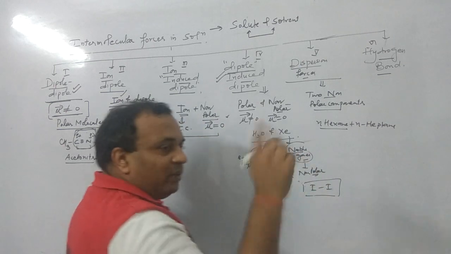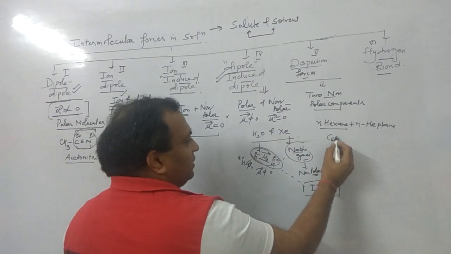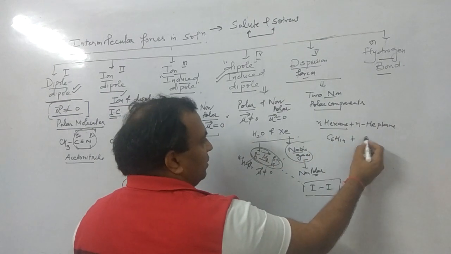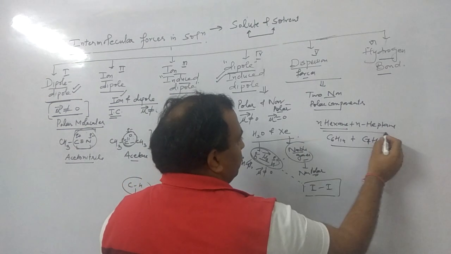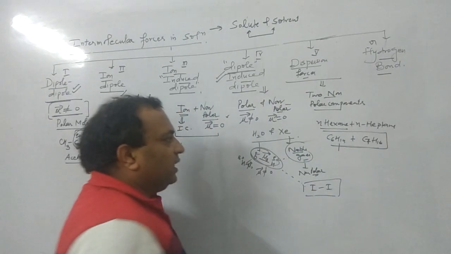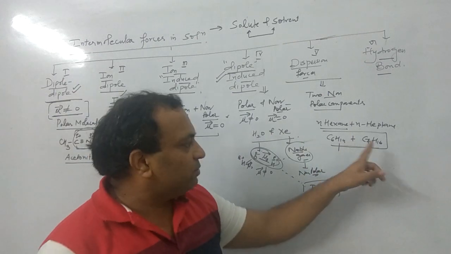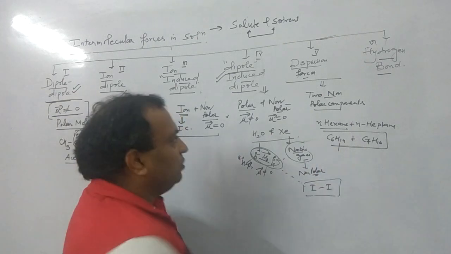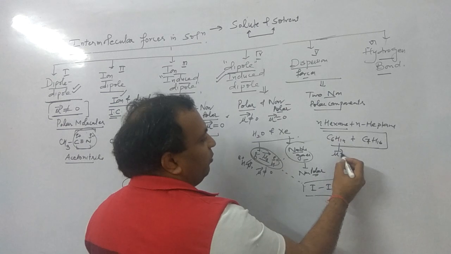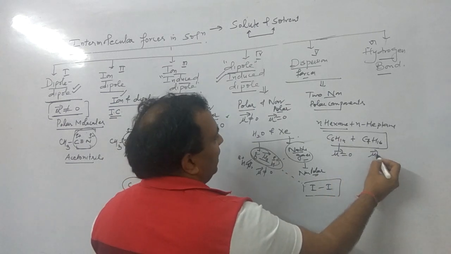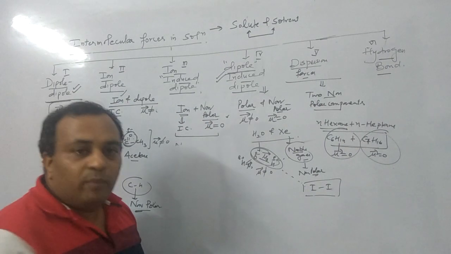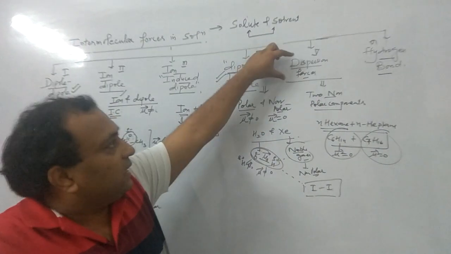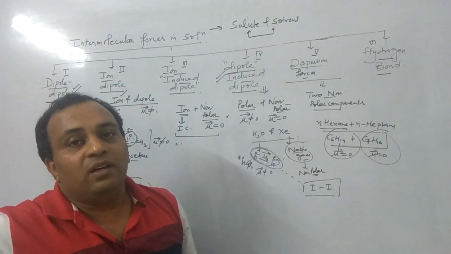Hexane का जनरल फॉर्मूला रिमेंबर फ्रॉम द 11th क्लास, C6H14 plus C7H16 these two. अब इसमें भी देखिए बेटा क्या है, कार्बन हाइड्रोजन, और इसमें भी क्या है, कार्बन और हाइड्रोजन। तो ये भी क्या है बेटा आपका डायपोल मोमेंट जीरो, इसका भी डायपोल मोमेंट जीरो। तो ये दो मॉलिक्यूल्स आपस में एक दूसरे को एक बहुत ही वीक फोर्स से अट्रैक्ट करेंगे, दैट इज सेड टू बी द डिस्पर्जन force.